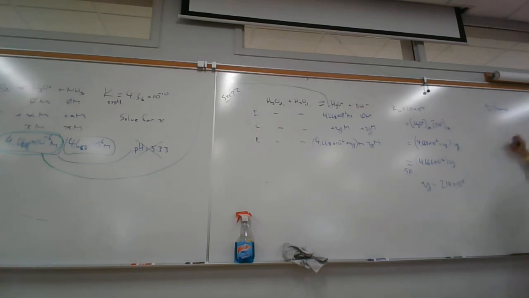The percent change is going to be the change, Y, over the initial, 4.668. So that's going to be 2.14 times 10 to the minus 9 divided by 4.668 times 10 to the minus 6, times 100.